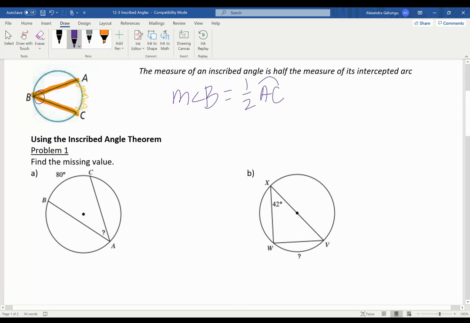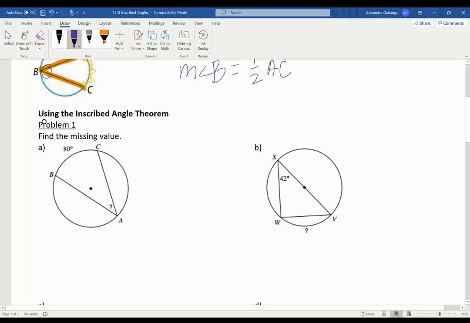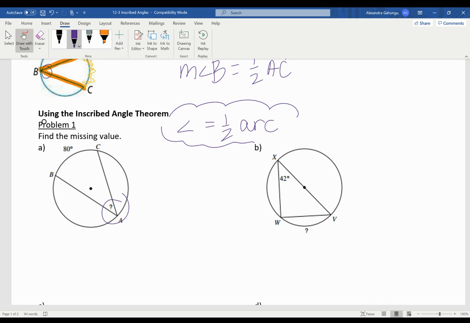So let's look at our first one. Find the missing value. So we are missing the measure of angle A. So we're saying that the angle is equal to half the arc. That's all we're saying up here in just simpler terms. So I don't know the angle, so I'm going to say angle A is equal to half whatever the arc is.